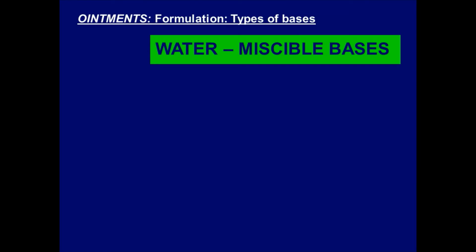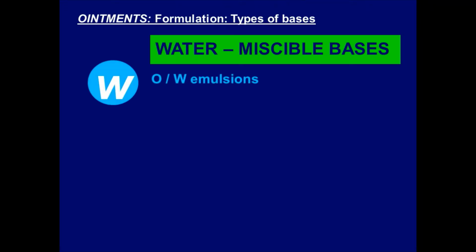For water-miscible bases, the water behavior of the base is oil in water emulsion. This means that during preparation of the base, I myself put water in the composition of the base.